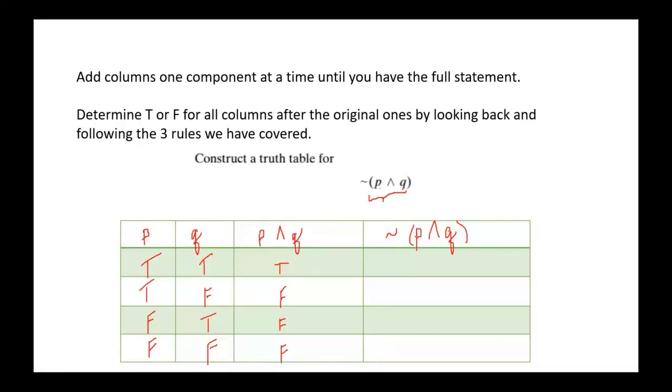So if I put a not in front of that P and Q, I simply need to say, well, if this one is true, the next one is false. And then vice versa. The only place it was true is if they were both true, and then the moment I stuck a not in front of that, that became false. And that's how I figure out the truth table, even without the statements.